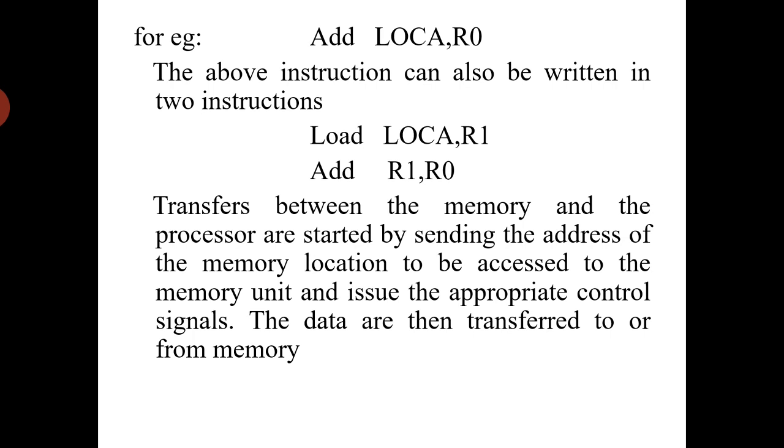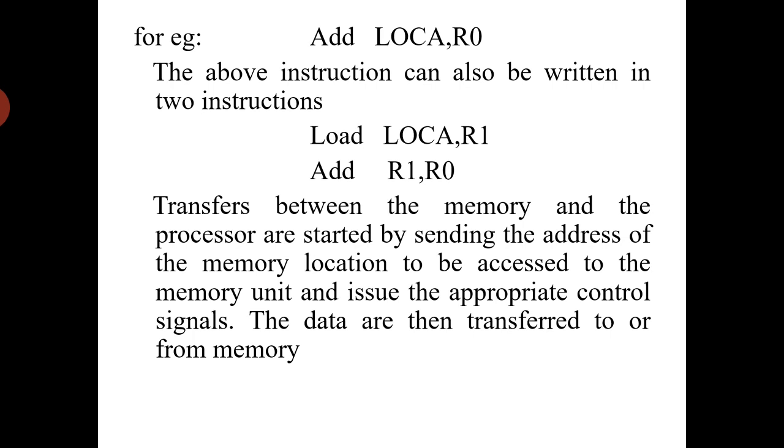this instruction adds the operand in memory location A to the operand in the processor register R0. Here we have to add the data. The data is nothing but an operand present in location A and also in the processor register R0.